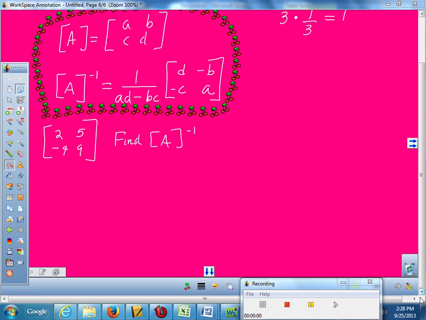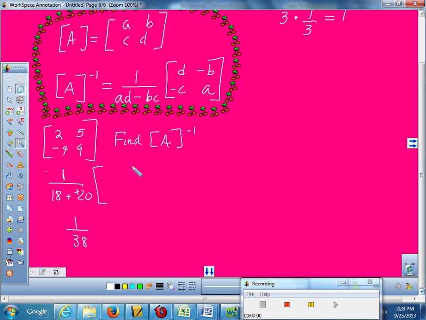So, if I'm going to find the inverse, what does the formula say I should do? Okay, so I do 1 over, I write my fraction, and I do the determinant. I cross multiply, which would be 18, minus the -20, which makes it plus. We add that, and that's 1/38.